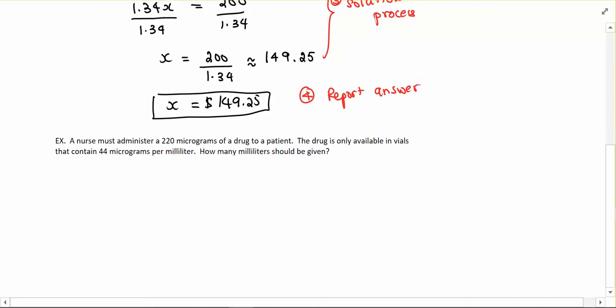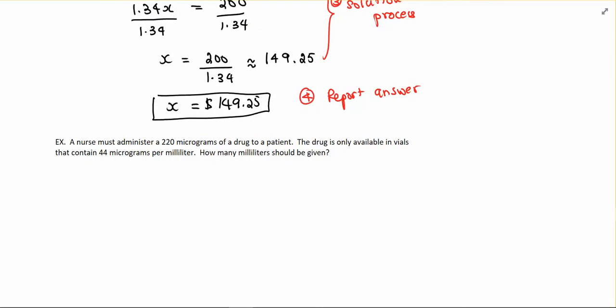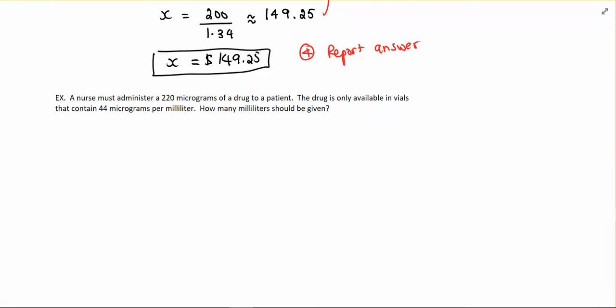This is a unit conversion question, very similar to the one above, but useful if there are nurses in this class. A nurse must administer 220 micrograms of a drug to a patient. The drug is only available in vials that contain 44 micrograms per milliliter.